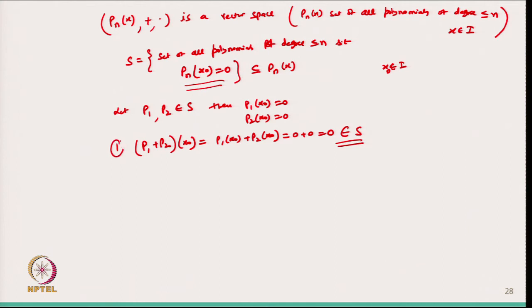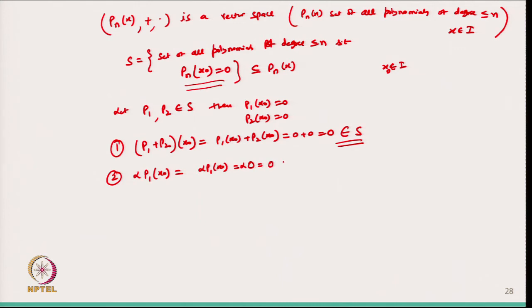So, the first one is satisfied, and for the second one, I take the polynomial P 1 and multiply it by a scalar alpha. Let us see what will happen at x naught. It is equal to alpha times P 1 x naught, and this is again going to be 0, because alpha is just multiplying, I can take it outside, and P 1 x naught is 0. So, alpha into 0 is 0.